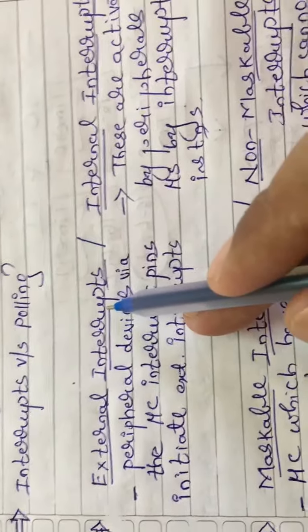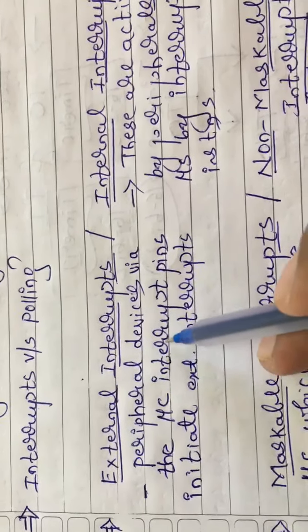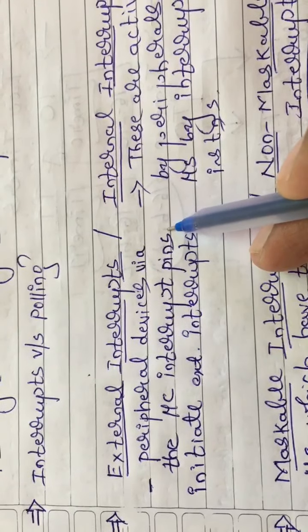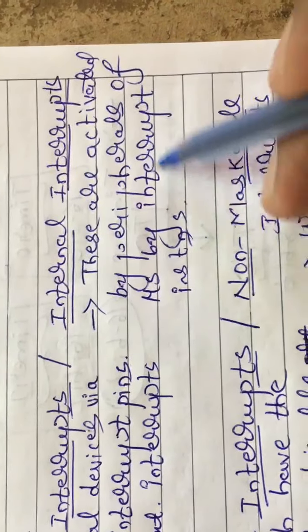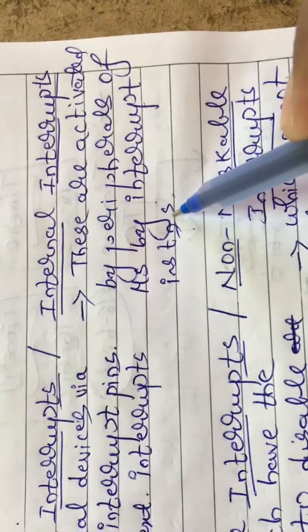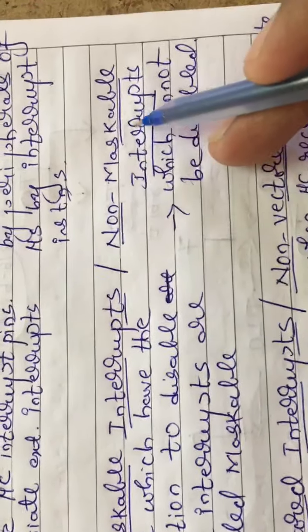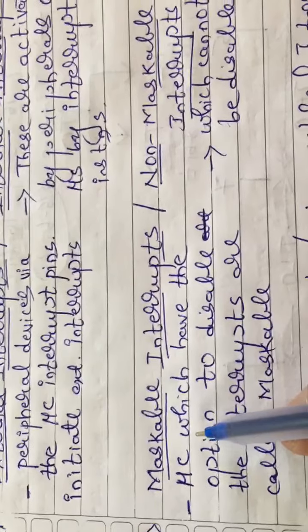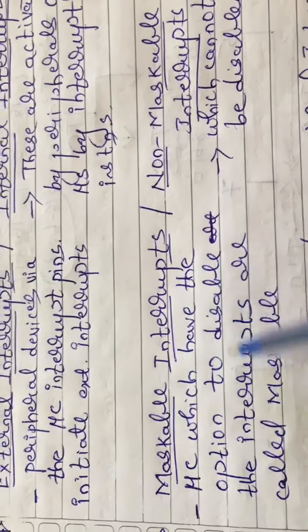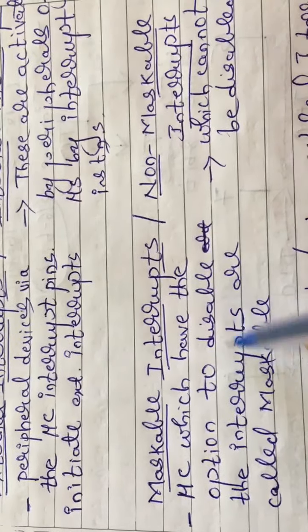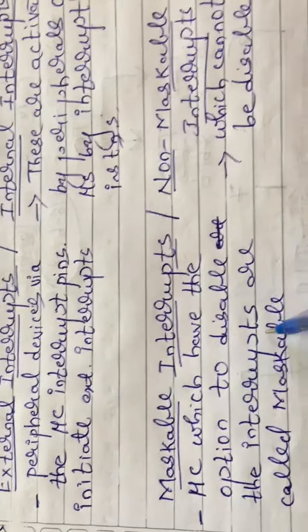External interrupts are caused with the help of external interrupt pins. Internal interrupts are caused by the interrupt instructions that are written inside the program. That's it. Next, maskable interrupts and non-maskable interrupts.